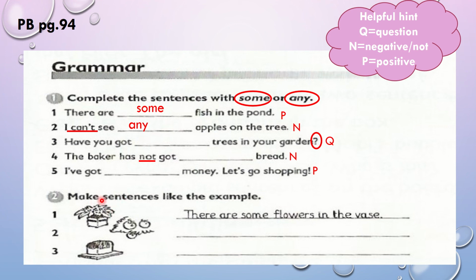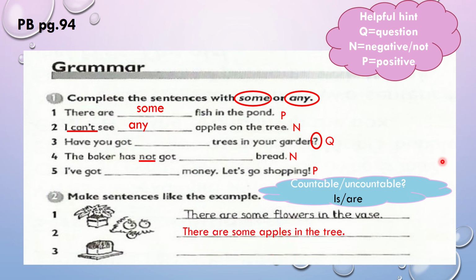Let's make sentences like the example. There are some flowers in the vase. Remember, countables and uncountables we use is and are.